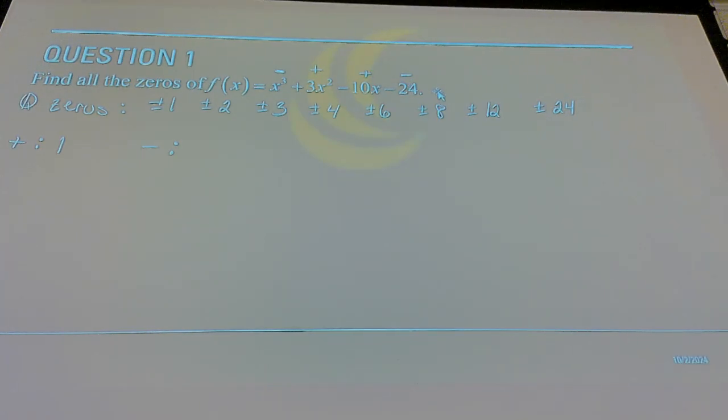There are two sign changes. So there's either two negative real zeros or less an even number. 2 minus 2 is what? So there's either two negative real zeros or no negative real zeros. And again, keep in mind, this is counting multiplicities.